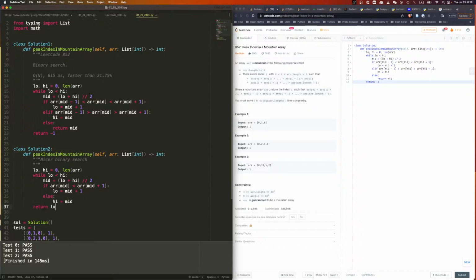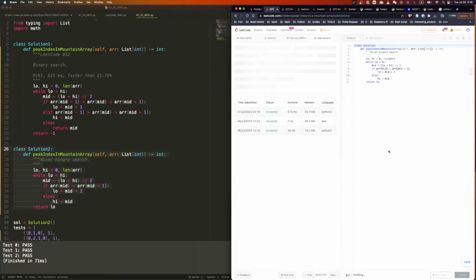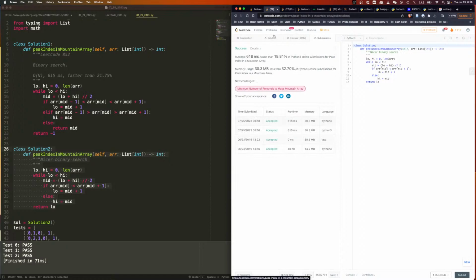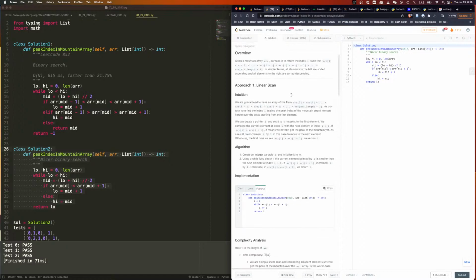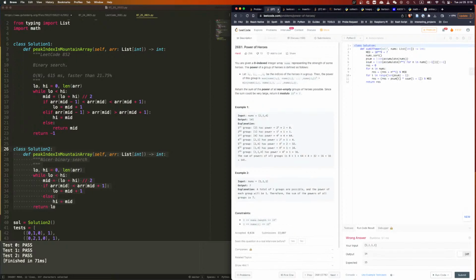So yeah, eventually we should return low. Yeah, this is nicer. Yep. Solution: linear scan, binary search. Yep. Okay. We're doing it pretty fast.